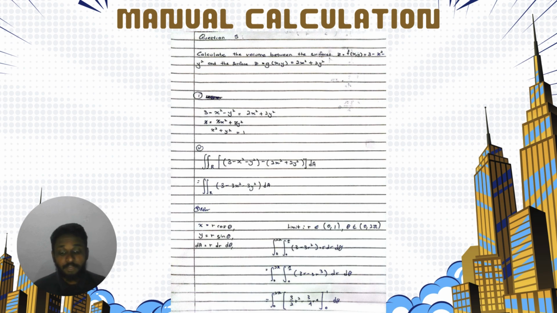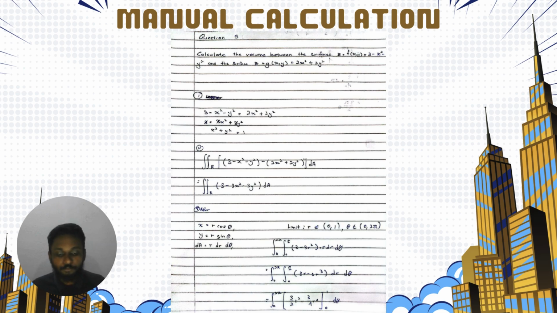The integral becomes the integral from 0 to 2 pi, and the integral from 0 to 1, of 3 minus 3r squared, multiplied by r dr d theta. So we get 3r minus 3r cubed dr d theta.